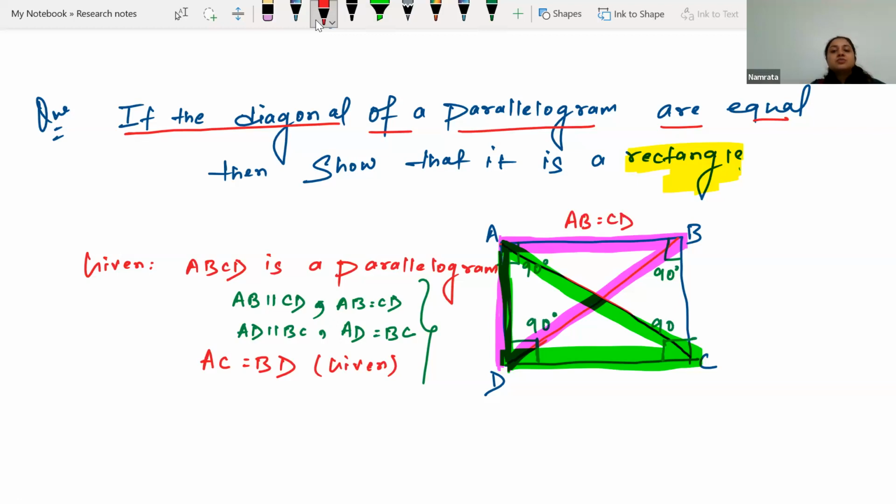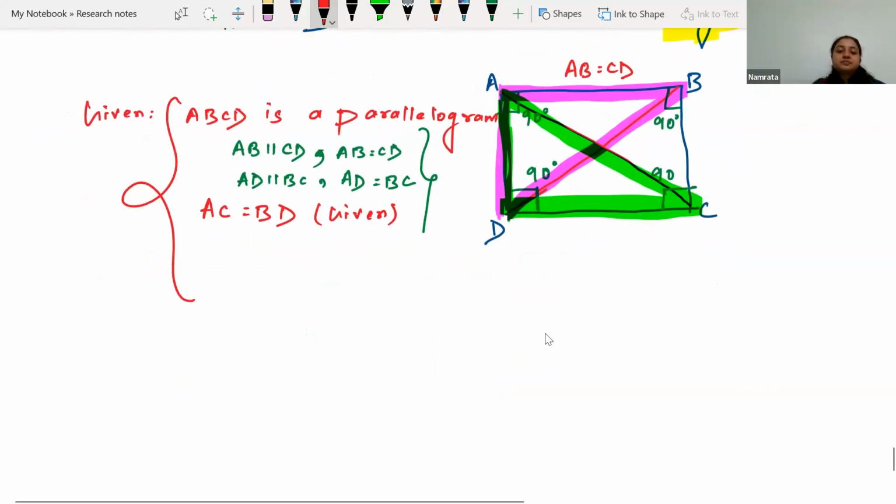So accordingly we are choosing two triangles; you can choose by yourself. There is no rule that you have to take these two triangles only. Any two triangles where you can use this condition, please take those. So I am going to take the pink triangle and the green triangle. That means triangle ABD and the other one ADC. Is it okay?